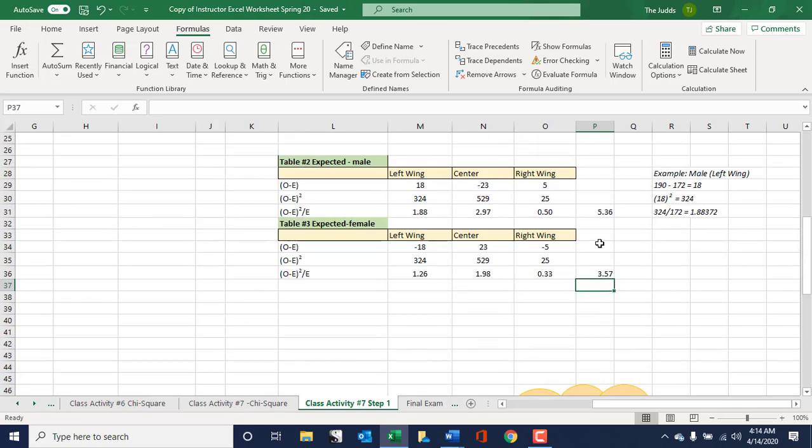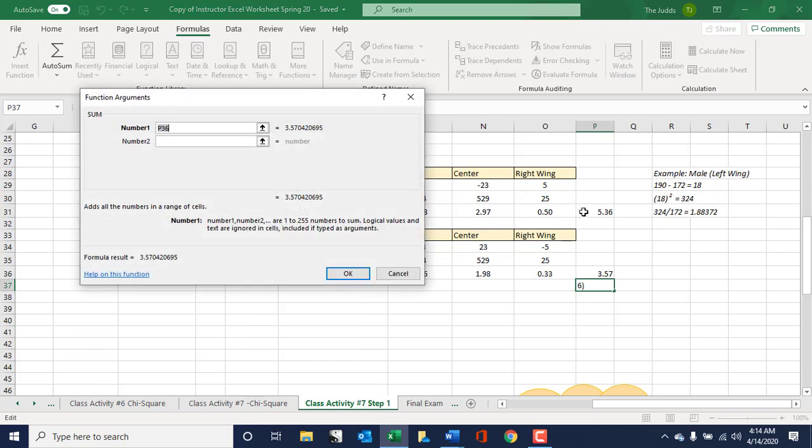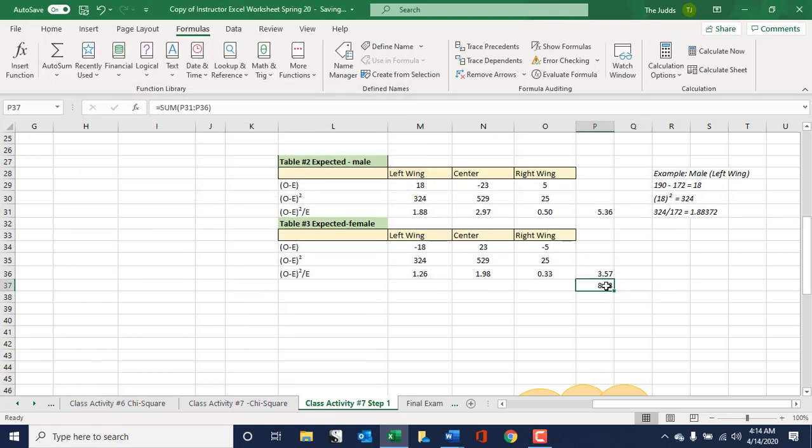Then right here, I add this and I add this together. I add my 2 totals together and I get 8.93.